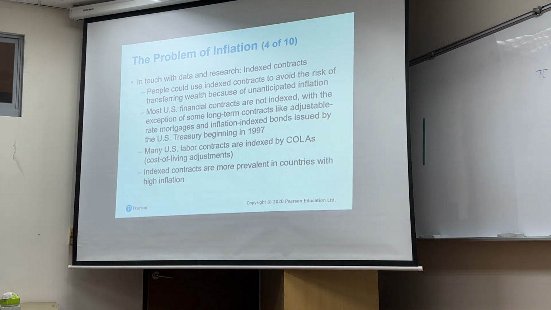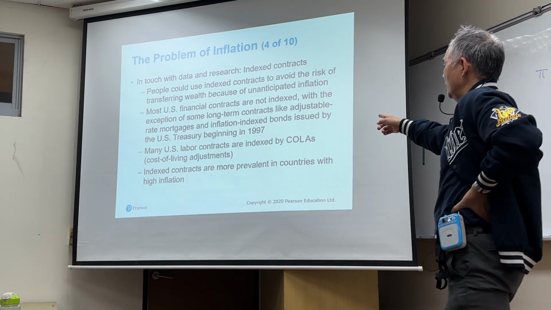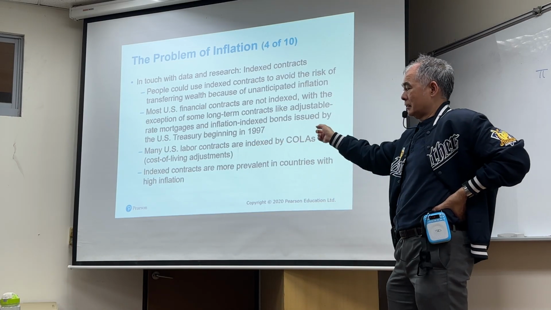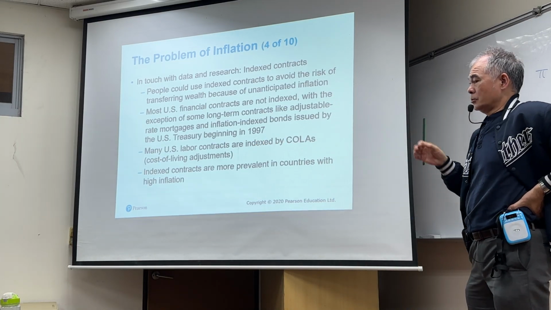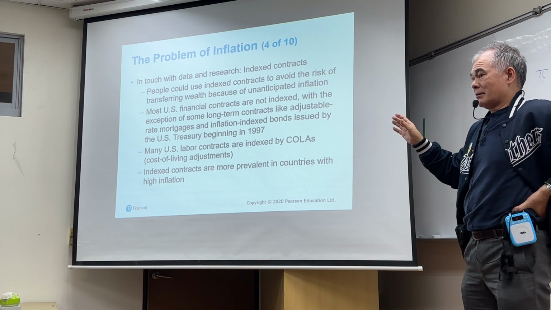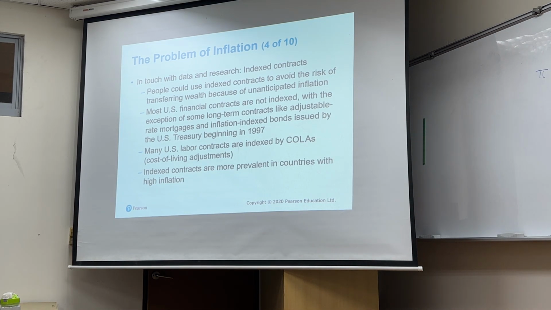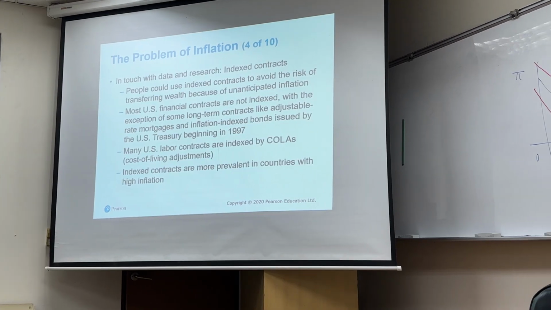So let us say this year you have 3% inflation, then next year you increase your salary by 3% to compensate for the loss from inflation. Here there is a very interesting term called COLA. What is COLA? Cost of living adjustment. That's exactly what I said. Usually which kind of contract has this? It is the pension fund.